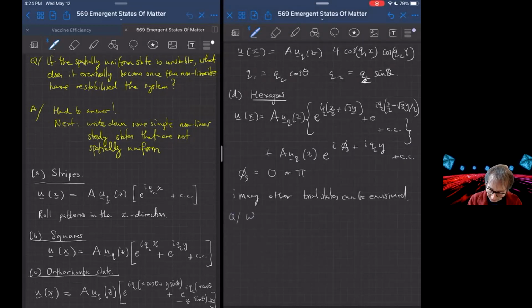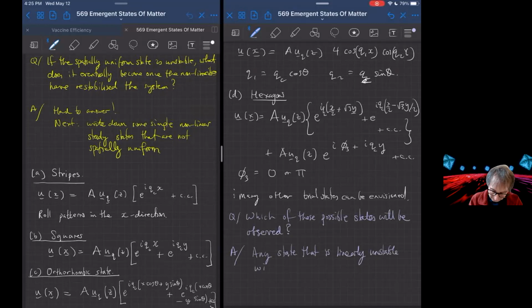So the next question is, which of these states are stable, and the answer is that if a state is unstable, it will not be observed because it will decay into something else.